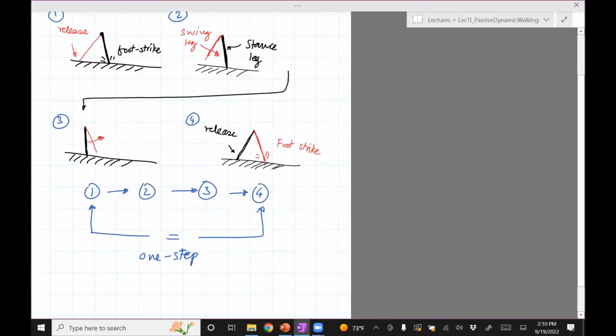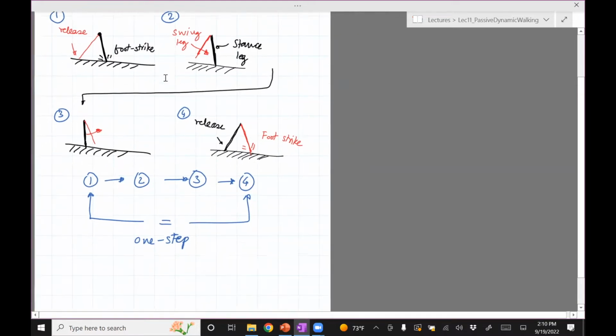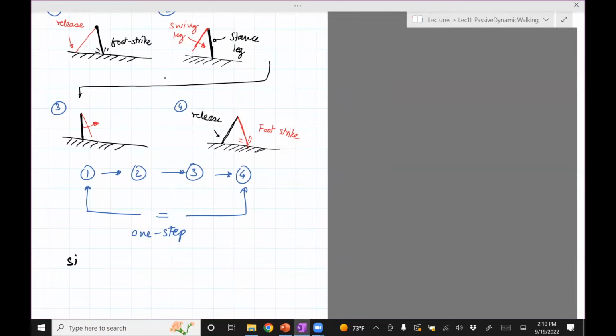Okay, so for the bouncing ball, we identified a free fall and a bounce. In this case, what we'll do is we'll give these names. We'll call this phase when one leg is on the ground single stance. What happens in single stance is one leg is on the ground, the other leg swings. At some point of time, you need to detect the ground, which is basically that red leg I showed.